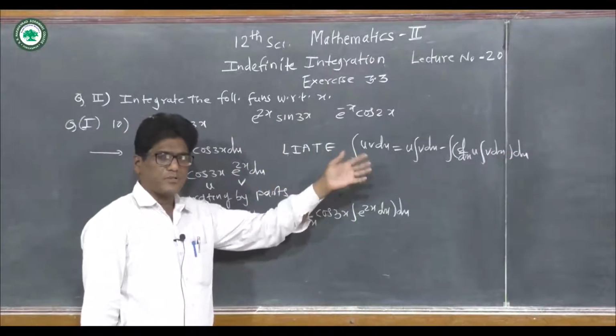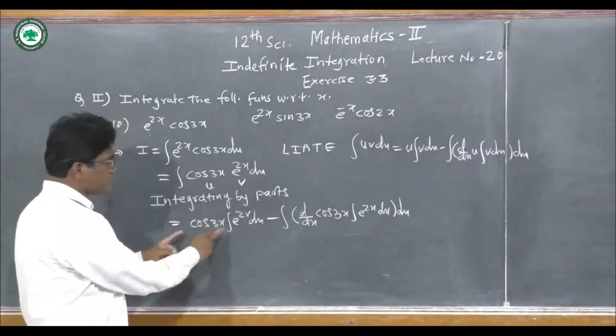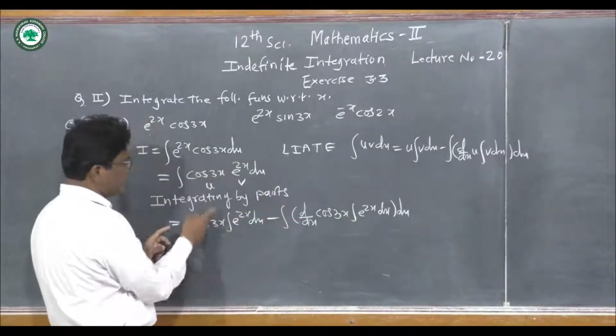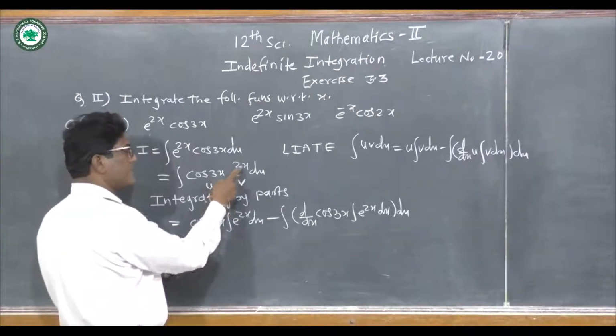So we use this formula here, with u as cos of 3x and v as e to the power 2x.